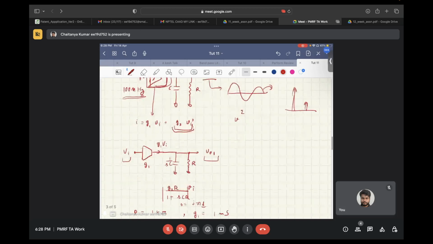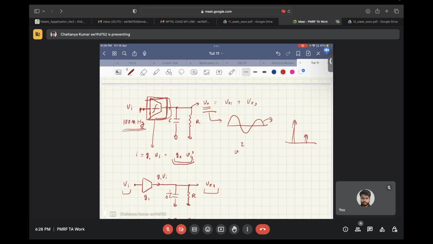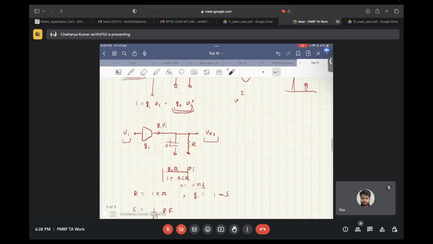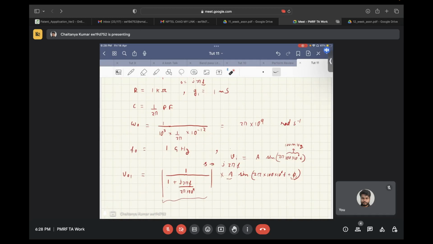So the steps are: first of all, you forget about the third order nonlinearity. Have G1 itself, calculate the transfer function, and since the input is a single tone, the output's amplitude will be the input amplitude multiplied by the magnitude response of the transfer function.